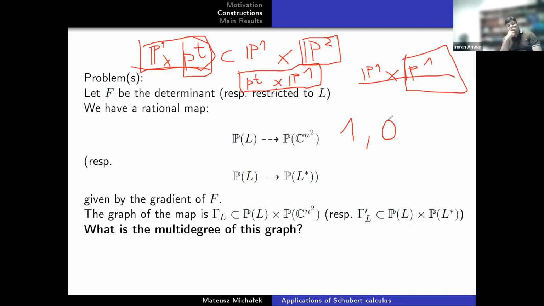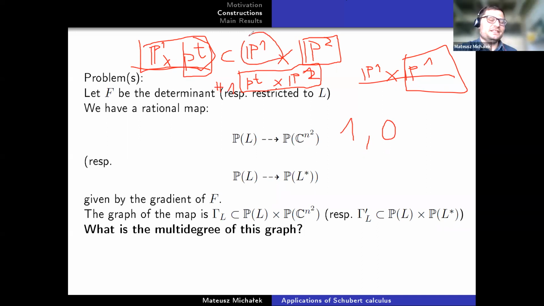Why don't they meet? Well, because I take a general P1. Sorry, I did it wrongly. So this was a point times P2, and this was a P1 times P1. So this is my H1. I take a hyperplane here, which is just a point.